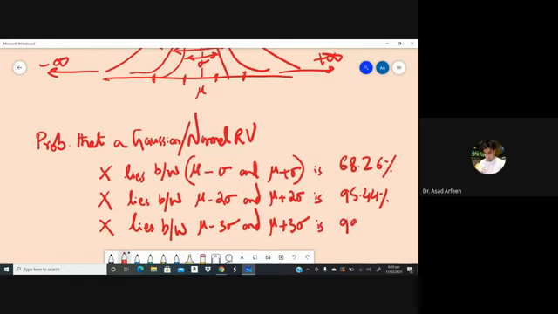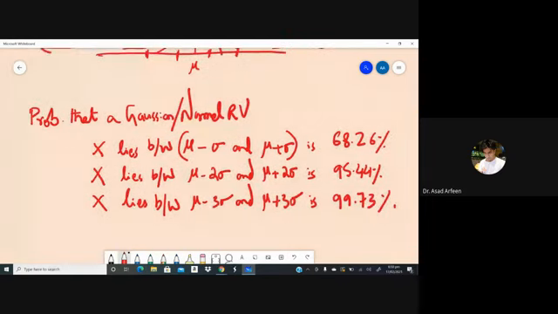This is 99.73%. So in these cases, the numericals can come both ways. Either you can be given this side and be asked to find this, or you may be given this side and be asked to find this.